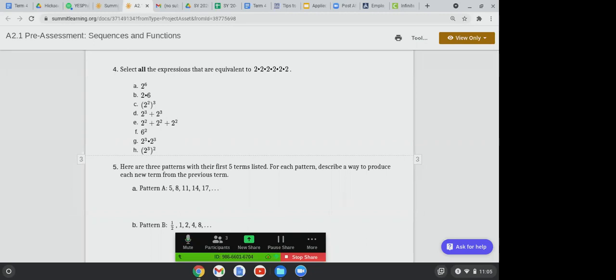And remember, when they say all, that means that there is a possibility that there is more than one answer. Okay? And again, we'll use exponents in discussing one of the sequences.